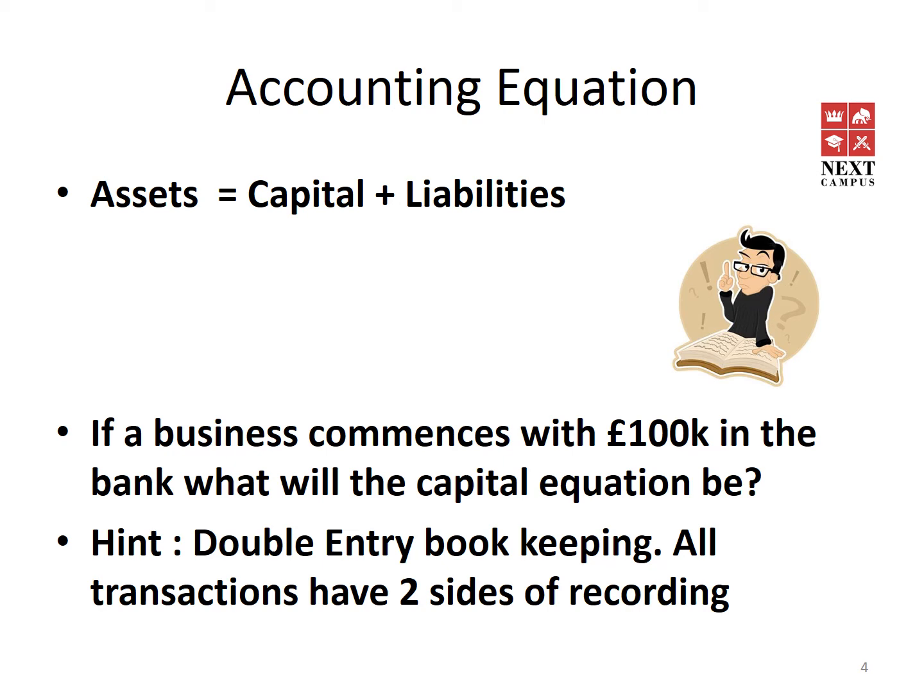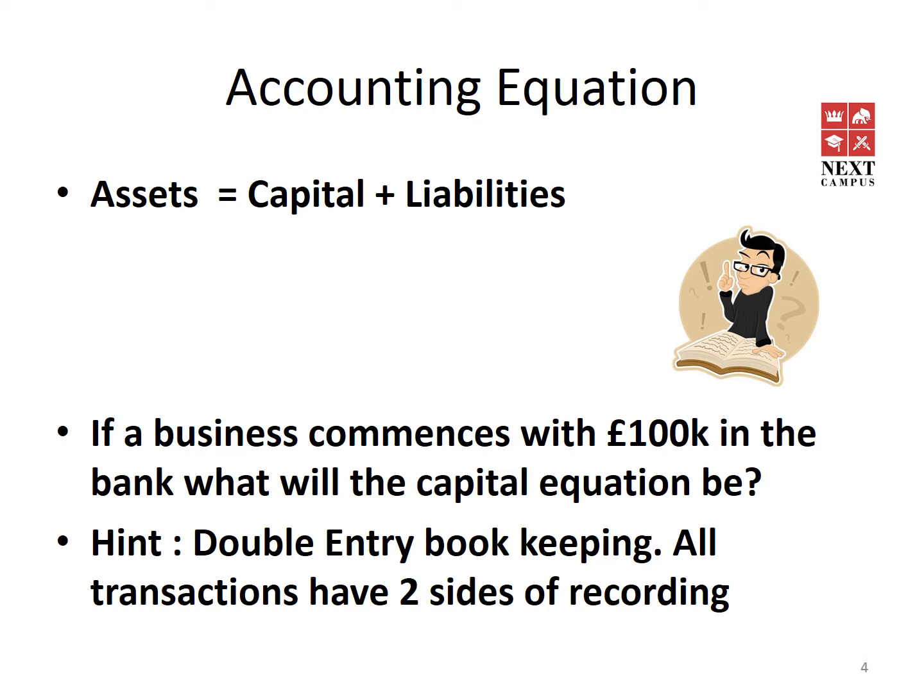That means with 100,000 we have two impacts, right? Double entry. So that particular transaction, 100,000 in the bank account, will have two impacts. The 100,000 will be invested in the business.